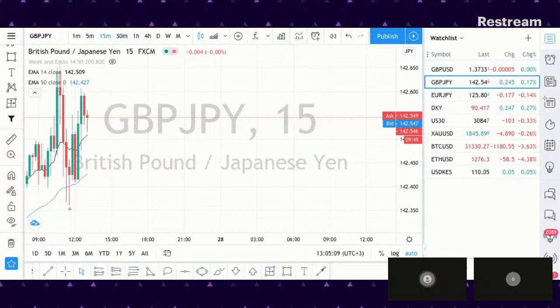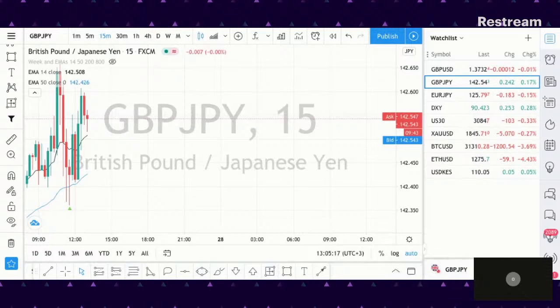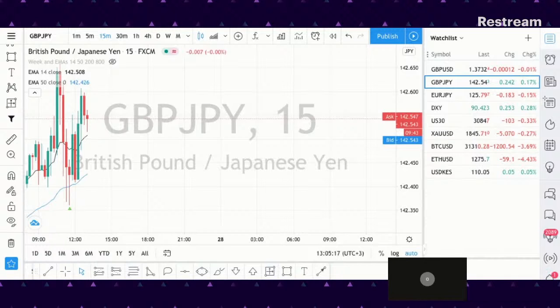You'll experience low liquidity, low volatility, because them are closed for holidays.